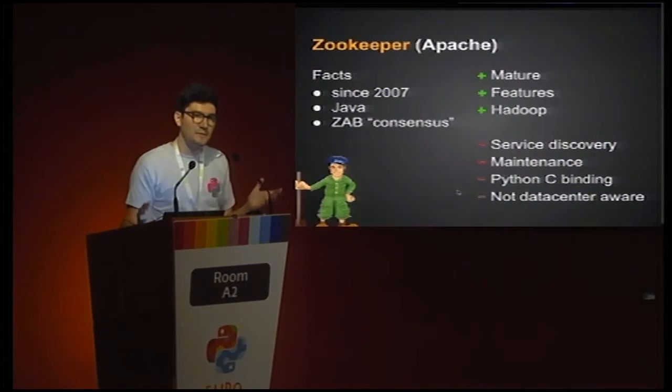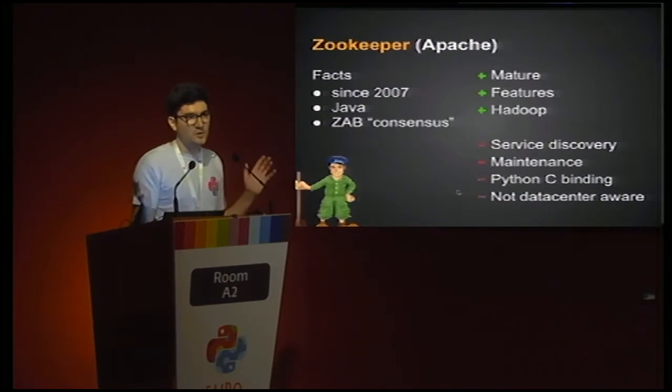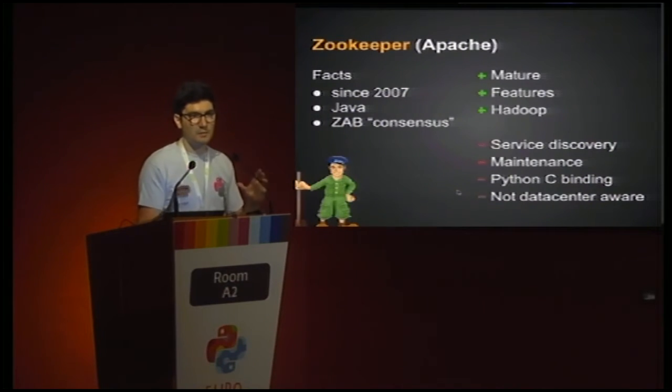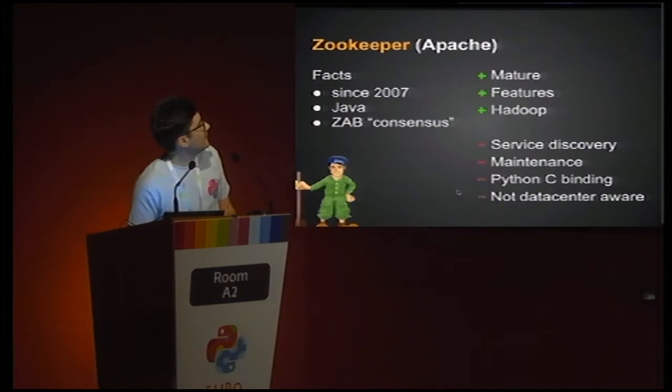The main design of Zookeeper, and it's the same for etcd, which we'll see just after this, is that you can compare them to a distributed hierarchical file system, which is also comparable to a key-value store. You'll see about it. It's written in Java, and it uses a special implementation for consensus algorithm.